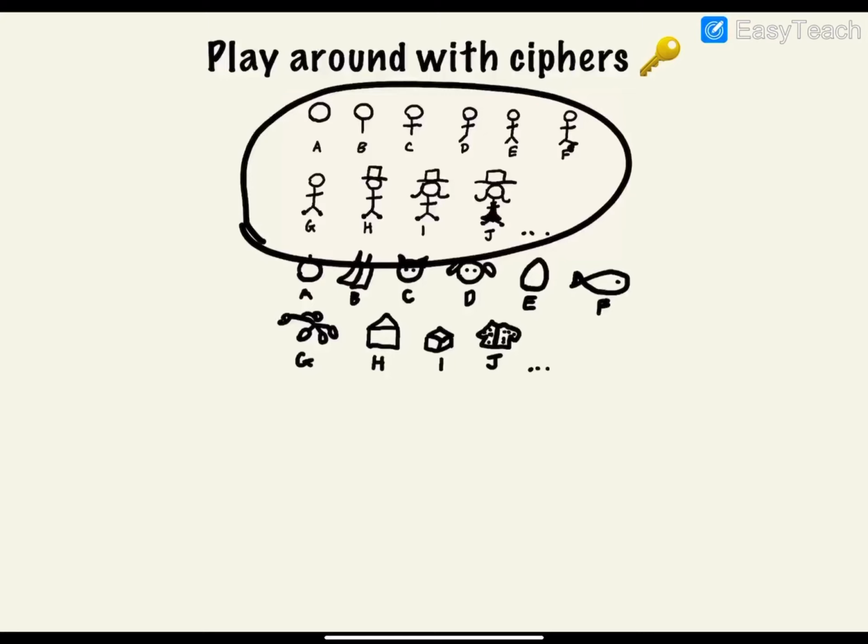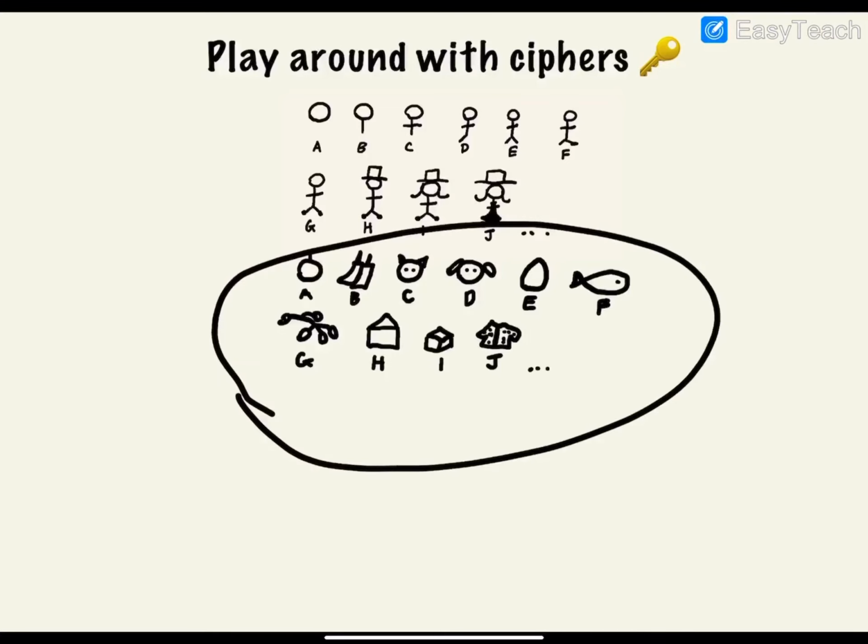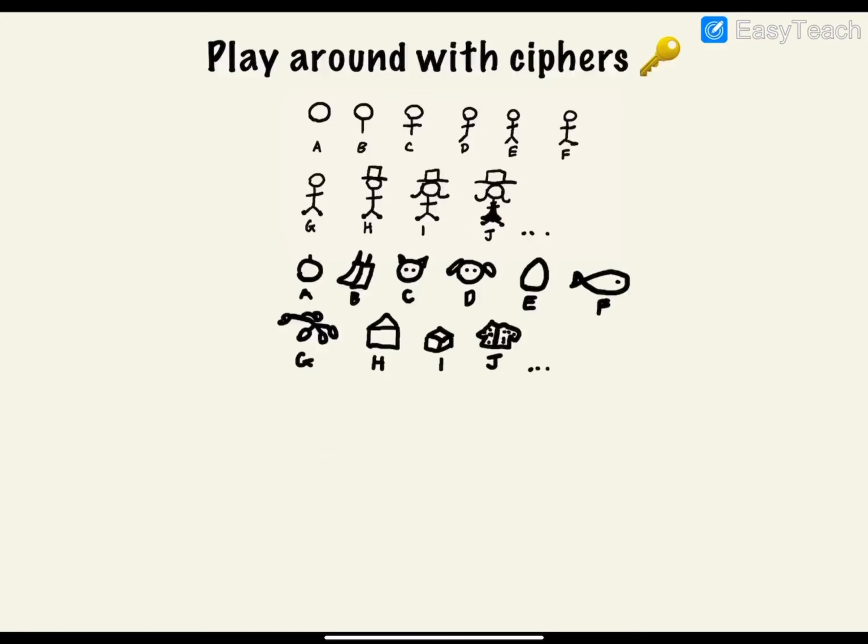D is with feet, and it just keeps going. Or you can do something simple like this. A for apple, B for bananas, C for cat, D for dog, E for egg, F for fish, G for grapes, H for house, I for ice, and J for jacket.